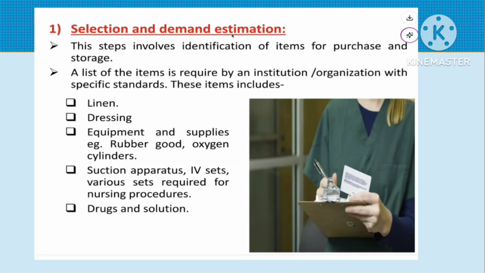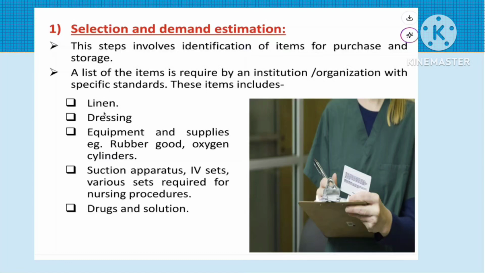First step, that is selection and demand estimation. These steps involve identification of items for purchase and storage. What you need to purchase and how to store. A list of items is required by an institution or organization with specific standards.